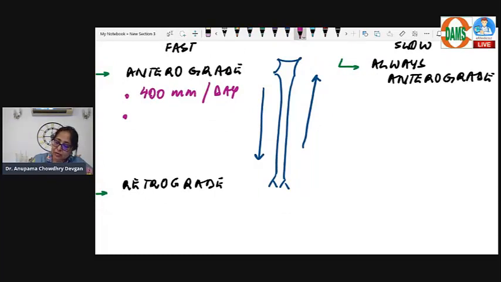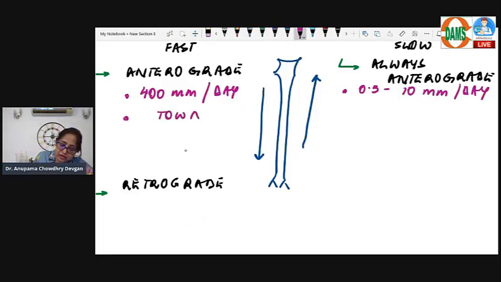The slow anterograde is in fact 0.5 to 10 millimeters per day, extremely slow. Otherwise, there is no difference between fast and slow anterograde. Everything else is the same except the speed. Fast anterograde is 400 millimeters per day. Slow anterograde is 0.5 to 10 millimeters per day.